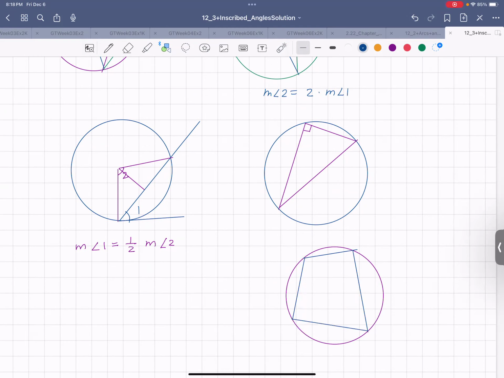It's just an irregular quadrilateral. I'm going to label the angles 1, 2, 3, 4. What happened? The measure of angle 1 plus the measure of angle 3 equals 180 degrees. These opposite angles are supplementary, and these are supplementary too, okay?